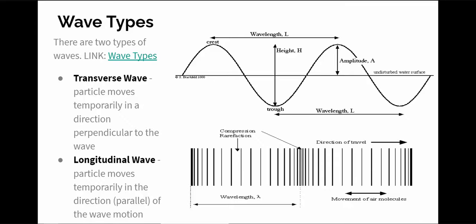In the end, the particles will get shoved in one direction or another, but then after the energy passes through, the particles will move back to where they were. Okay? And so that's one of the things that makes a wave: it has this disturbance that passes through it, but in the end, the particles will return to how they were before. So keep that in mind.